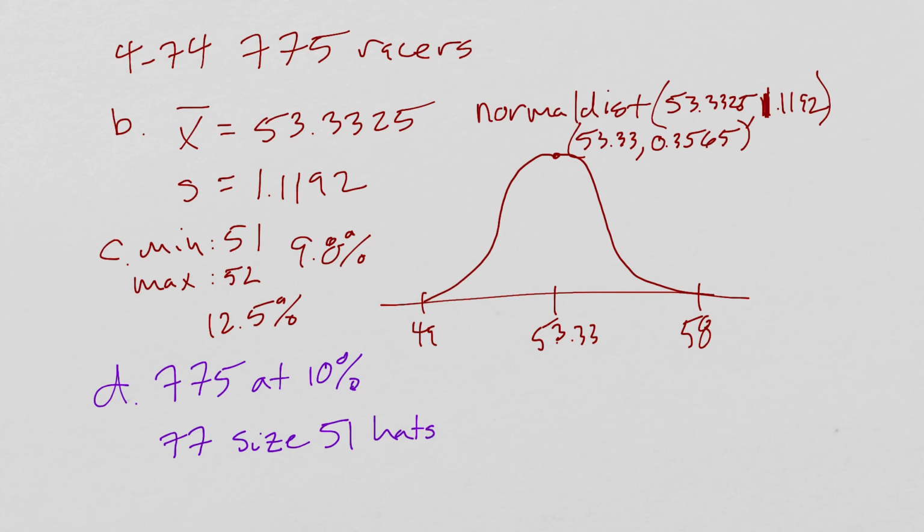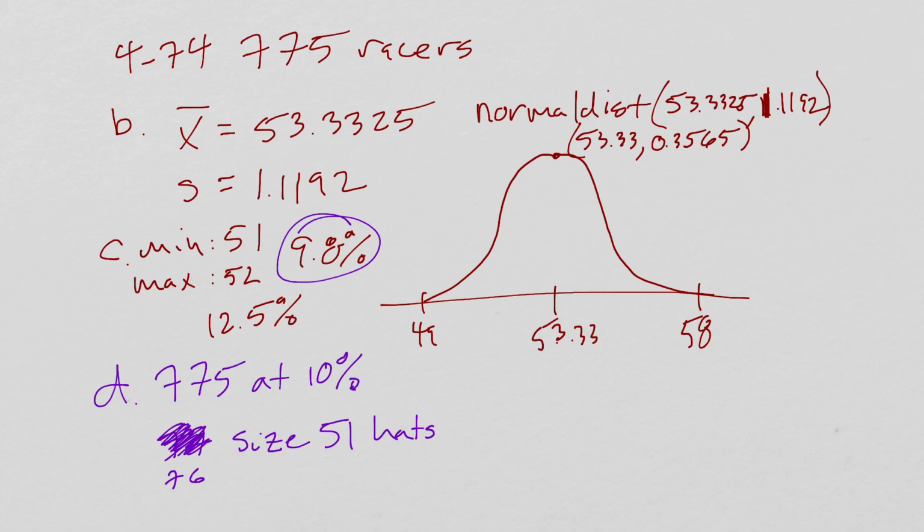Okay. Maybe we should just check to make sure. What was 0.098 times 775? That's 75.95. So 77, 76 hats, somewhere around there, right? Probably 76 hats. So let's just go with 76.